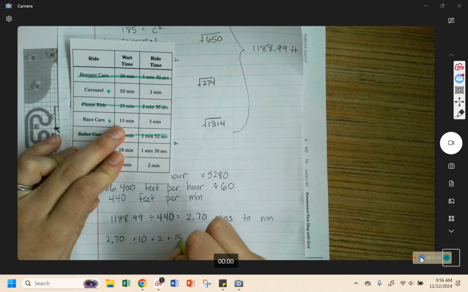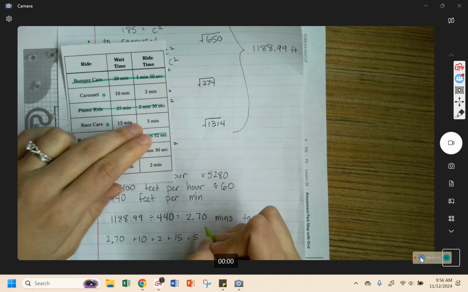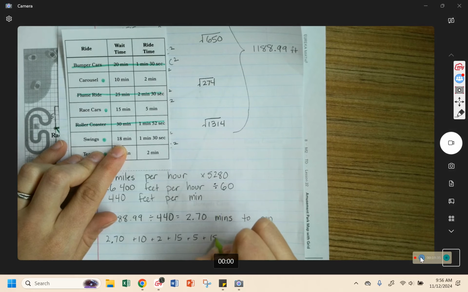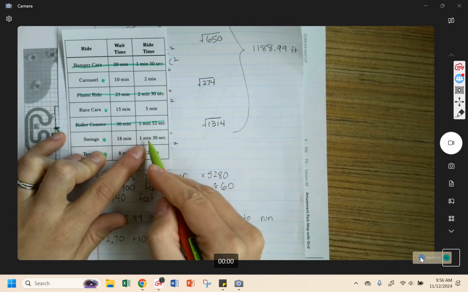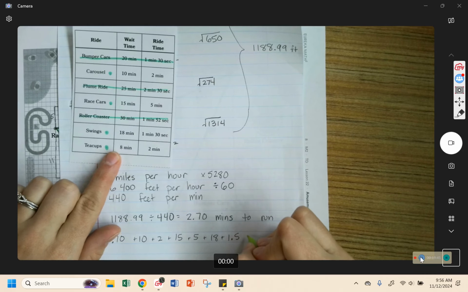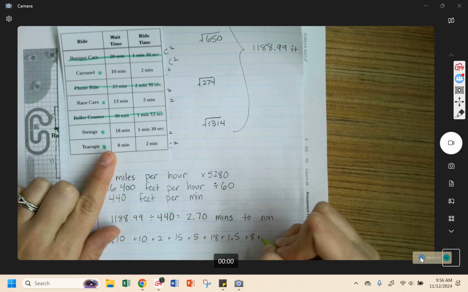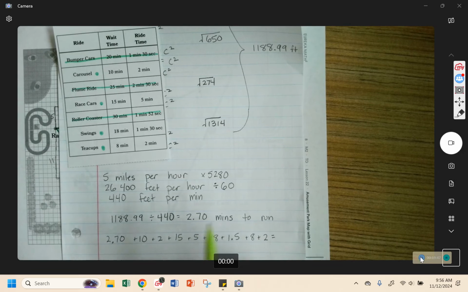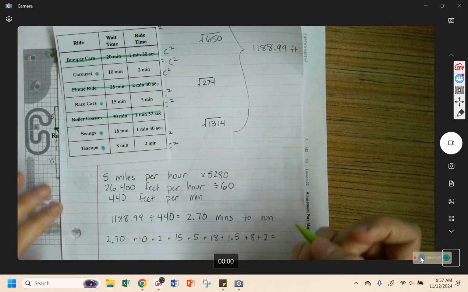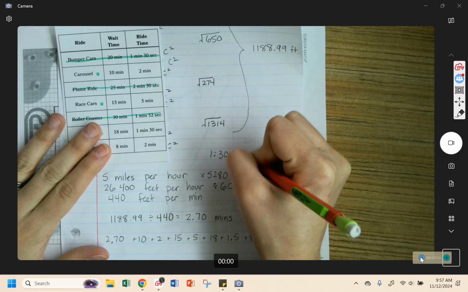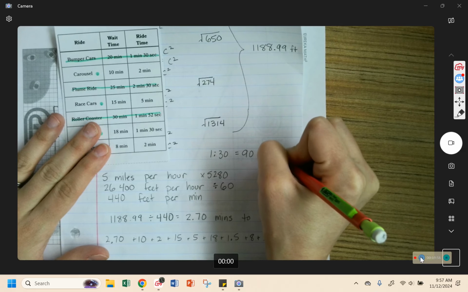The race car, we've got 15 minutes waiting in line and 5 minutes riding the ride. 18 minutes waiting in line for the swings, and this is 1.5 minutes. The teacups, we've got 8 standing in line and 2 minutes riding the ride. Remember, our total should come out to no more than 90 because we have an hour and 30 minutes, which is 90 minutes altogether.